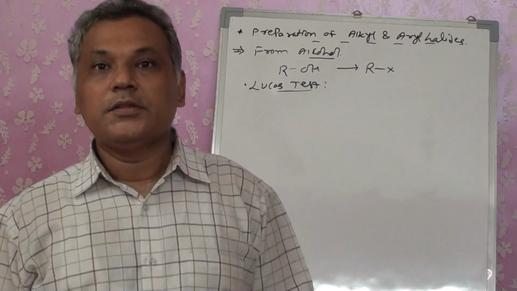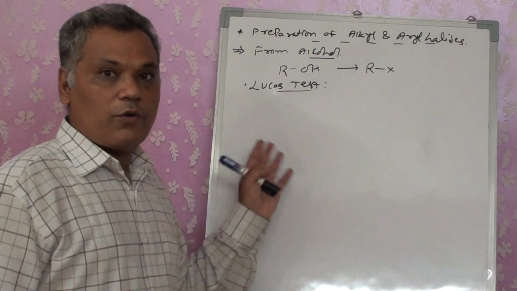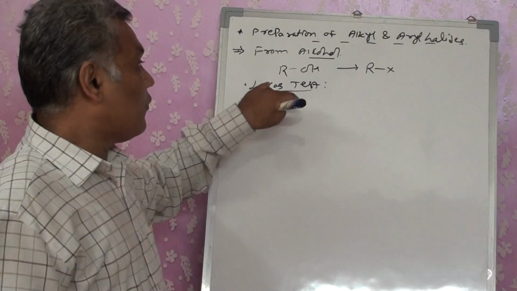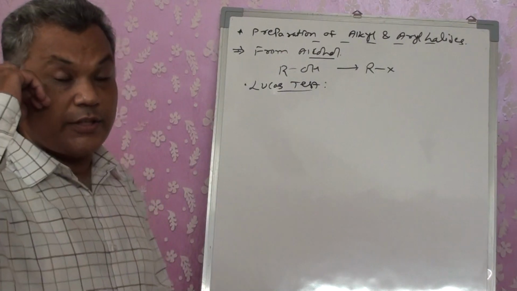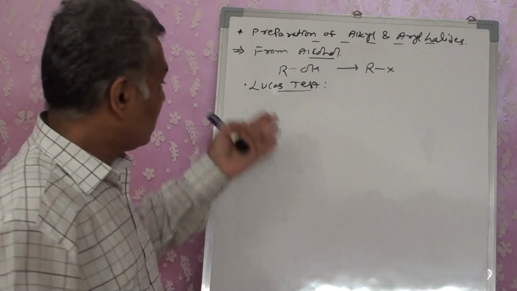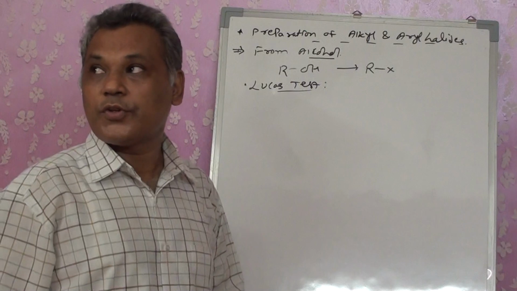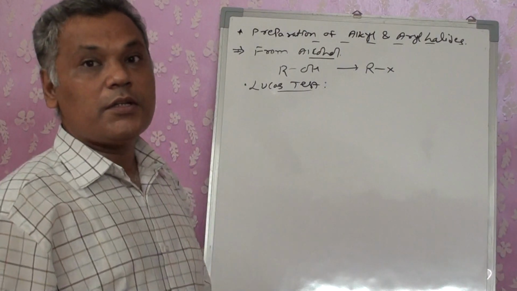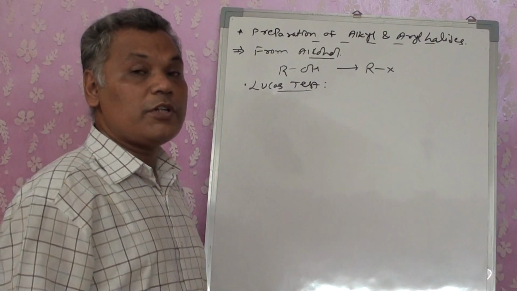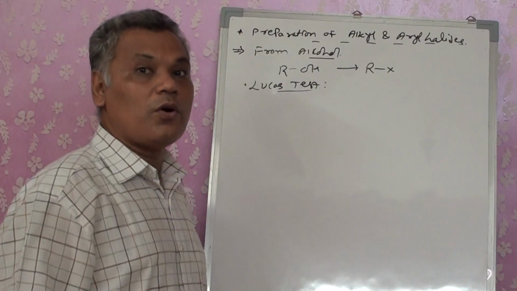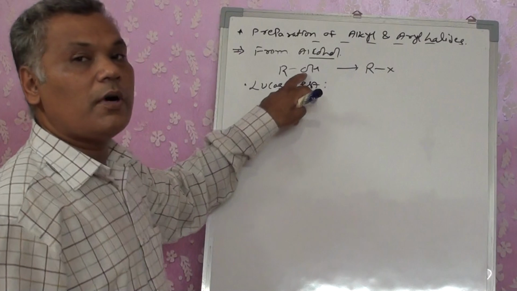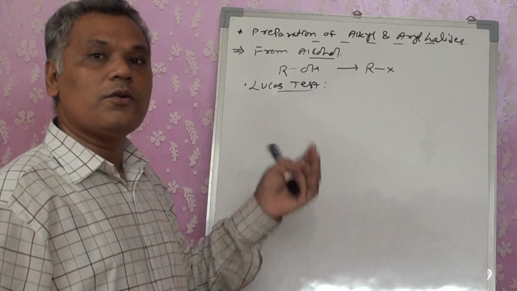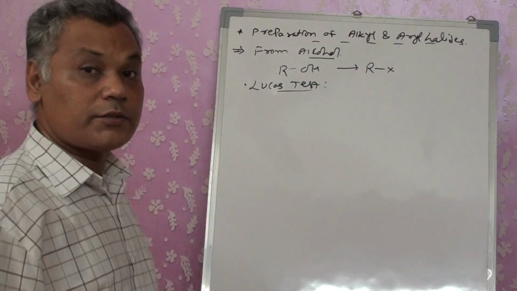This is the answer: converting alcohol into alkyl halide using concentrated HCl and ZnCl2. That means you are coming across the Lucas test. Similarly, another question is: what is the chemical property of alcohol to convert it into halide? One of them is the Lucas test.